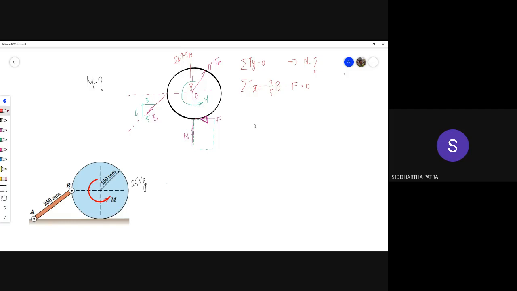I probably drew the friction force incorrectly. No, the friction force is correct. I just drew the force coming from the two-force member incorrectly. So I can also change that, like I can show it to be like this.